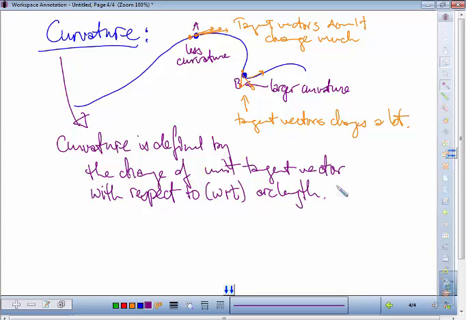So if we take the derivative of the unit tangent vector with respect to arc length, we're going to get a vector out of that. But we don't want a vector. We just want a numerical value for curvature. And so what do we do when we have a vector and we want the numerical value? We just find the magnitude of that.